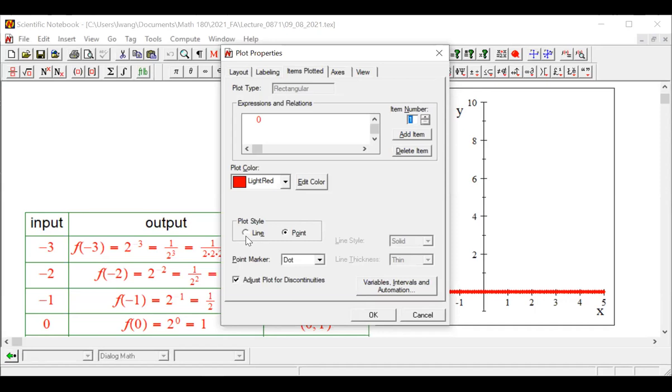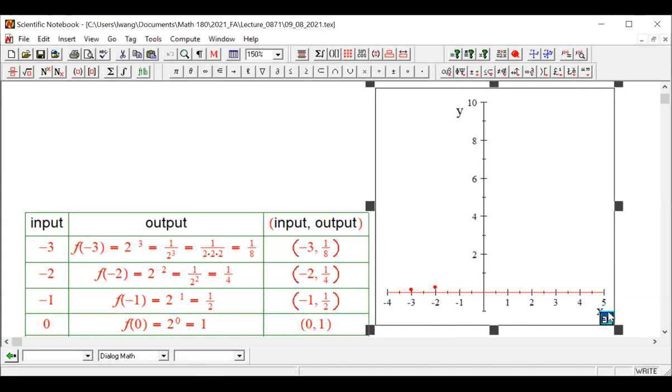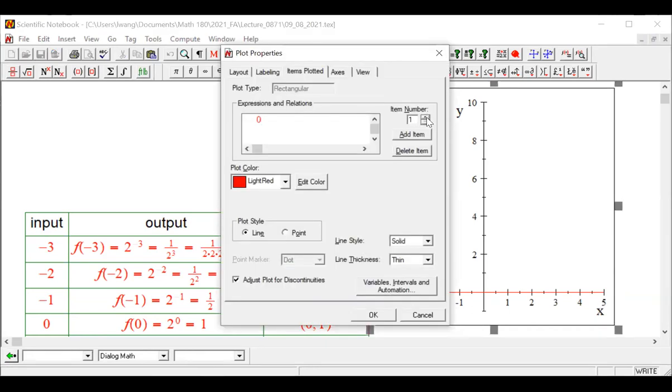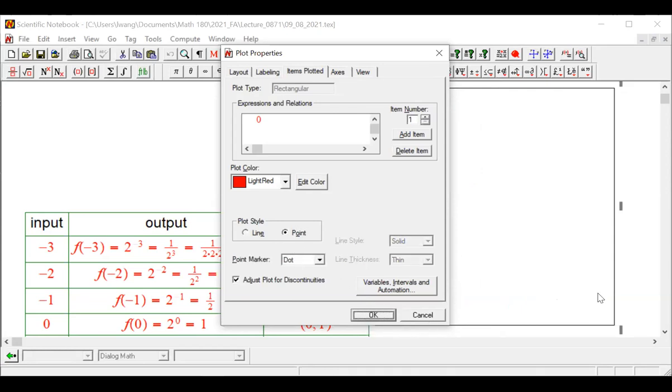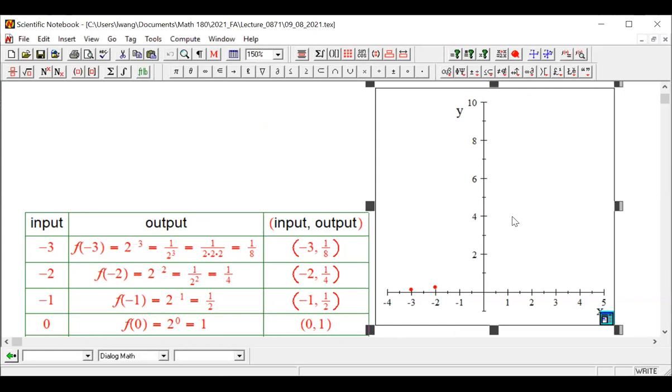Oh, got it. Why this red line? Okay, that's better. I just removed it. We didn't need that. So the first point is right here, the second point is right here, right? And one by one, we're going to plot these points.